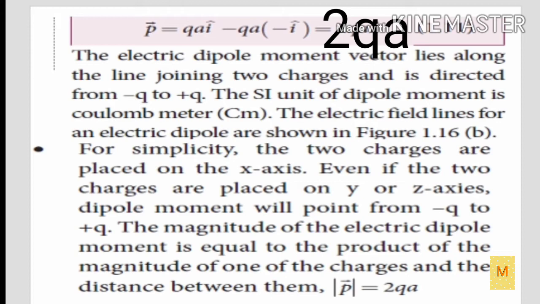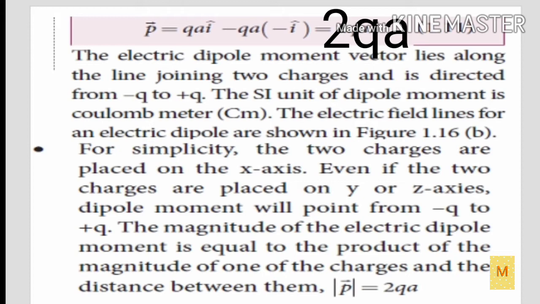The electric dipole moment vector usually lies along the line joining the two charges and is always directed from minus Q to plus Q.